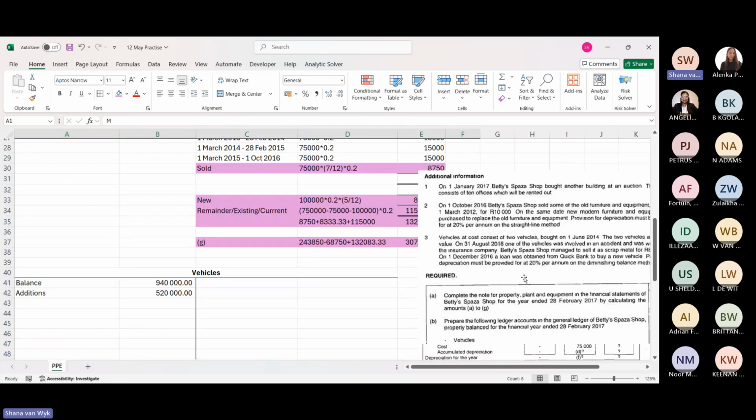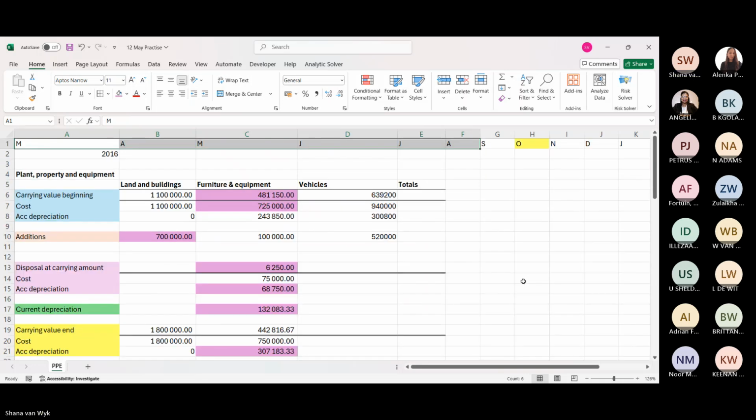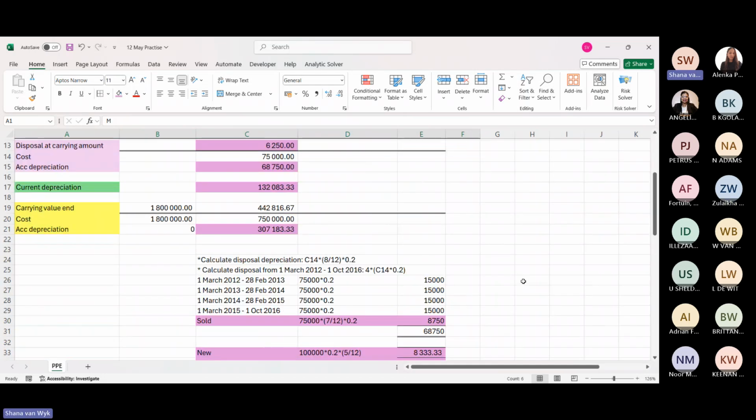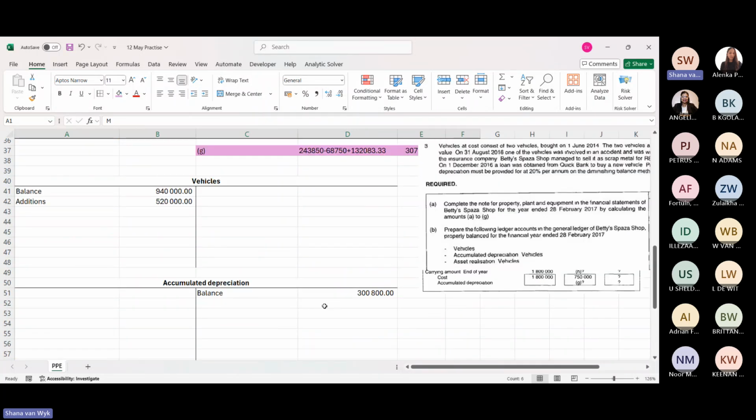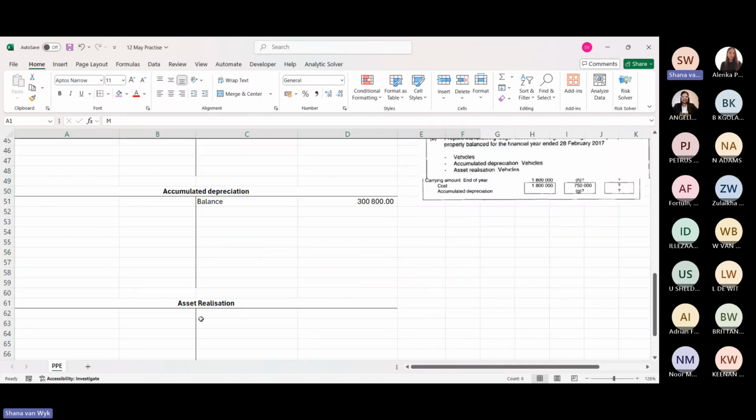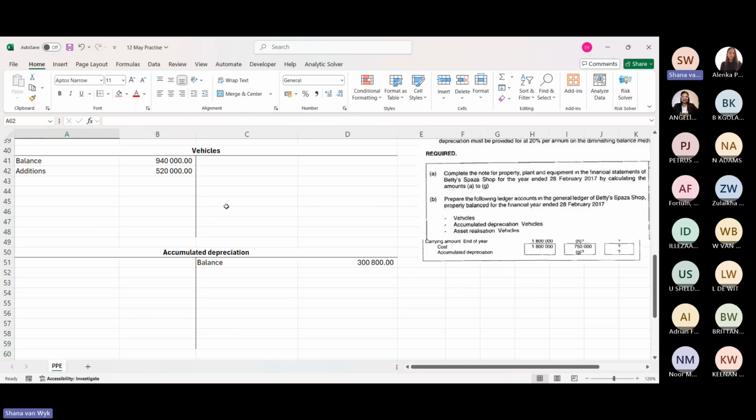End of August, on the 31st. So 6 months, because it's the end of August. Okay, so then we know what our depreciation is. First let's just say we are going to sell this.